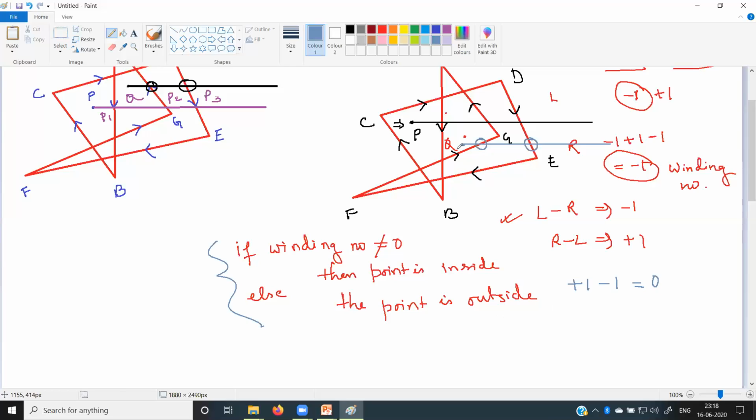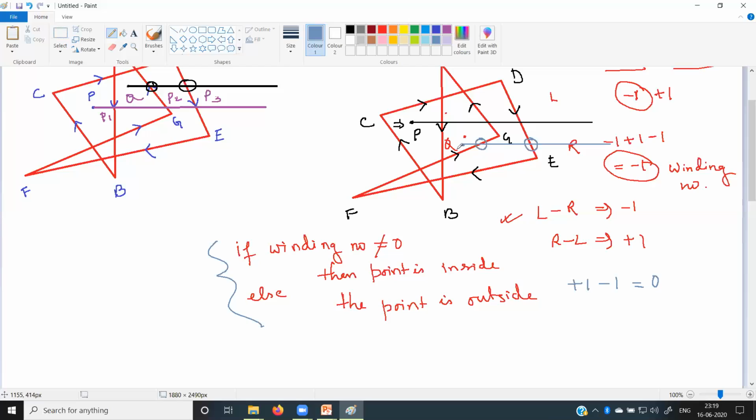Fine. Now apart from that, I want to tell you a very important consideration: this winding number concept or this odd even concept will not work for any vertices. So if a point passes through a vertex, in that case it will not work. Clear?